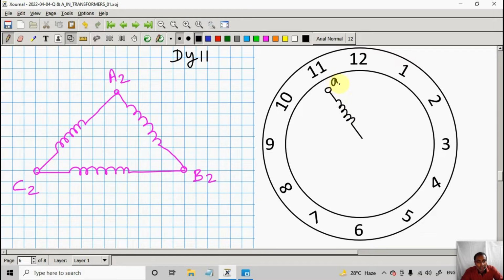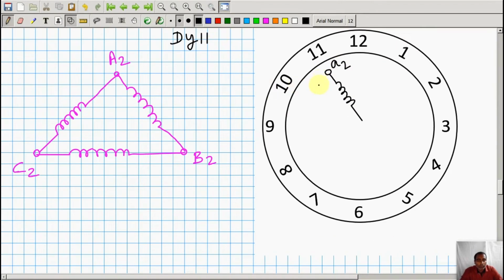So this is your terminal A2. Now where we will show B2 and C2, we will find it out shortly. Let me first draw the 3 windings of the star connection which is belonging to low voltage side, that is LV side.